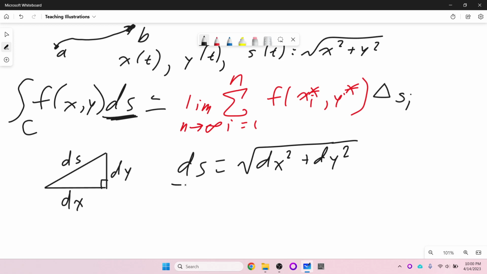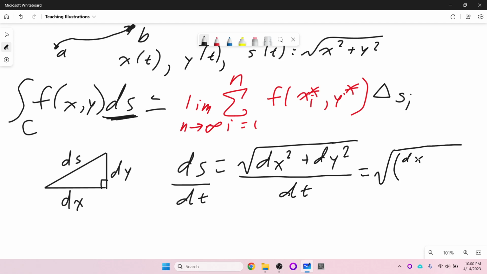So I'm going to divide both sides by dt. And then I can bring the dt into the square root as a dt squared. So it'll be dx over dt squared plus dy over dt squared.